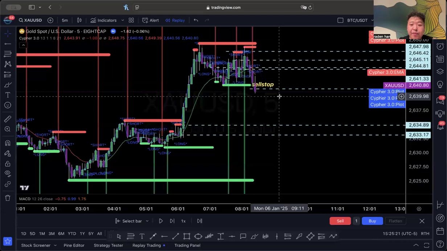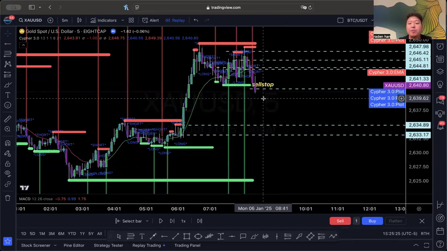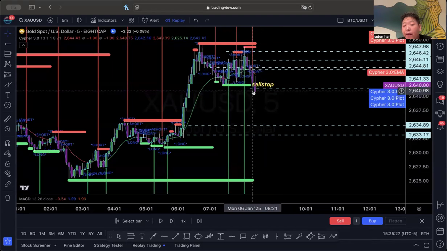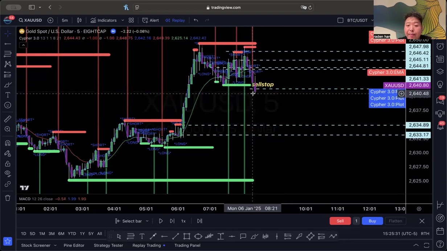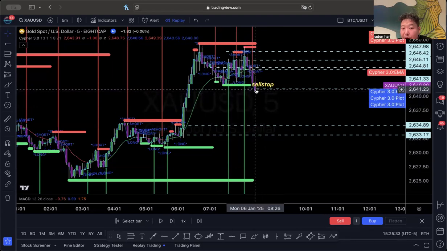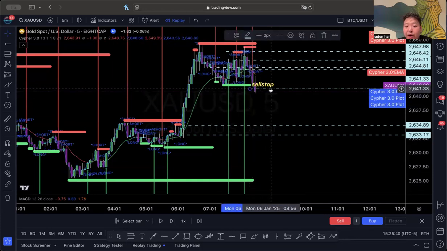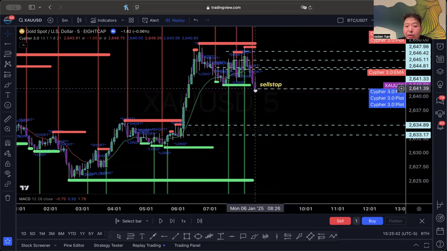What do you know? It broke support and dropped. Okay, so at this point, what you guys can do is take profit of that small bit of profit, or what I like to do, I'm going to place my SL in the profit zone and trail that take profit as a SL. So those of you guys who are new to trading, you could actually move your stop loss into a profit zone.